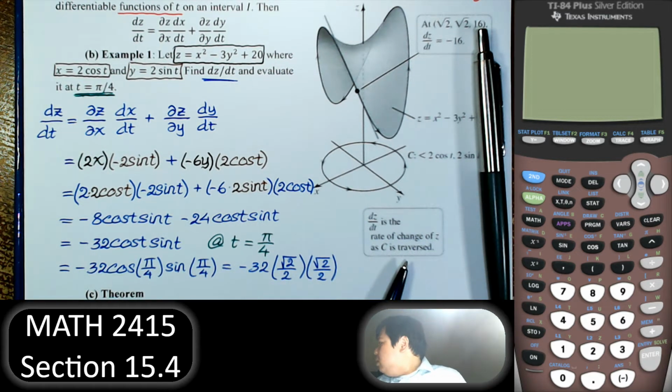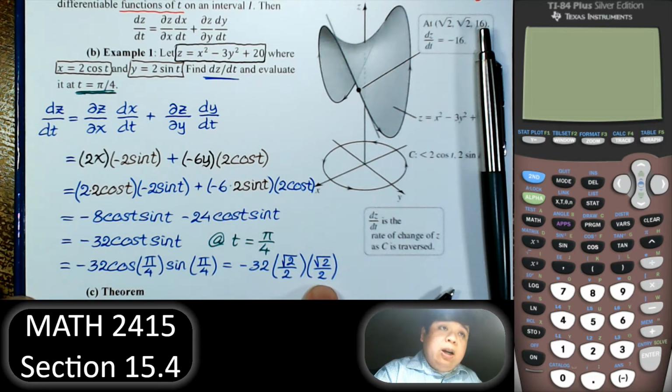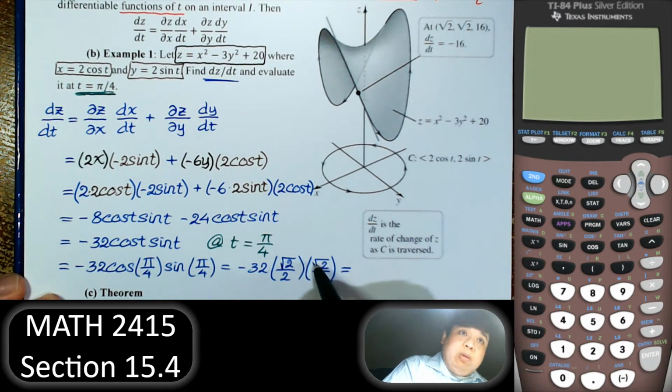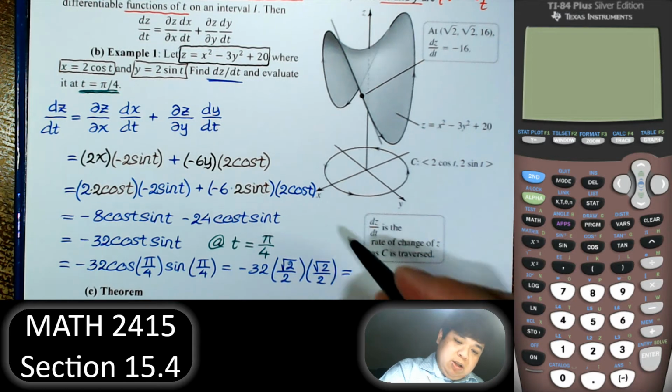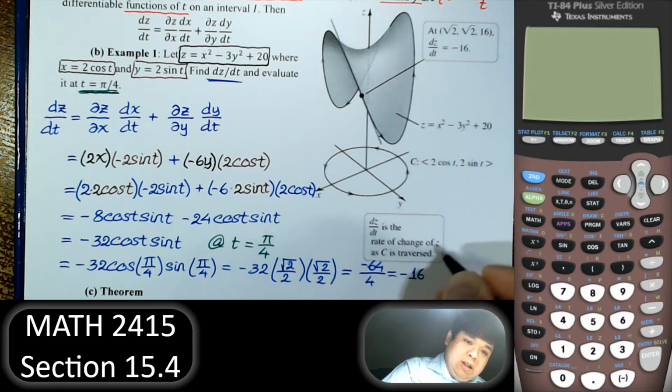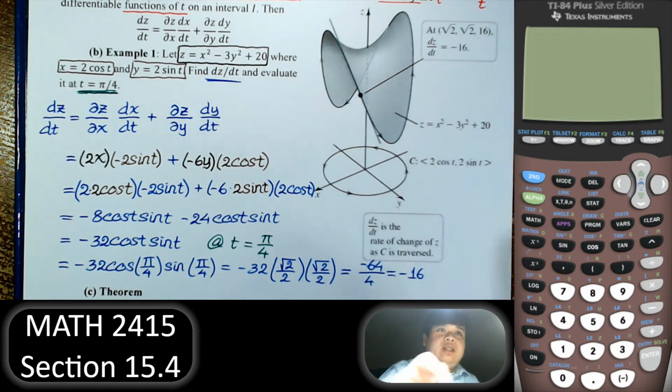That's what we have. And then square root of 2 times square root of 2 is 2. So we have 2 times negative 32, negative 64 over 4 is negative 16. So yes, that's what we have, negative 16.